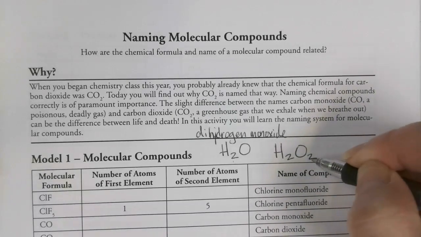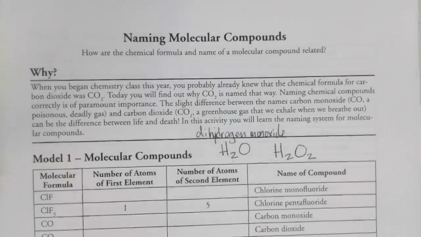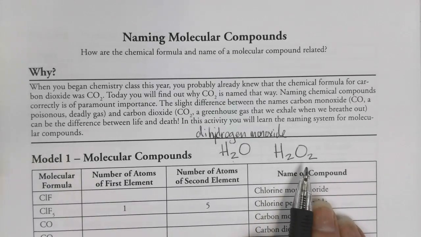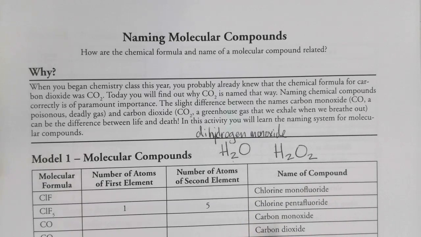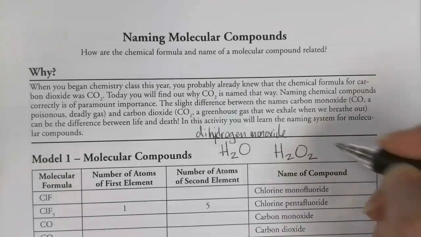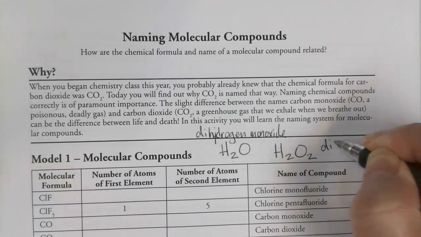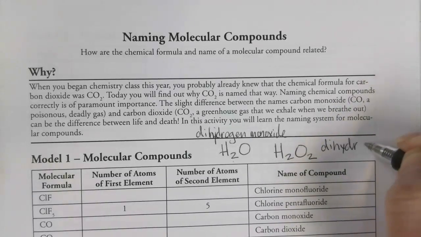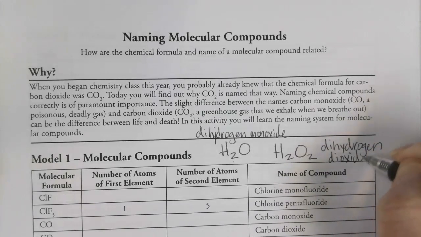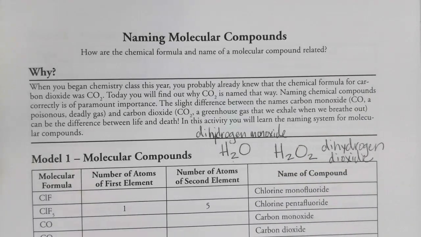Now, what's weird about this is you can see that hydrogen peroxide, or dihydrogen dioxide, its scientific name, has two atoms of hydrogen and two atoms of oxygen. And we don't reduce the subscripts the way that we did in ionic compounds. So it's dihydrogen dioxide, and we don't reduce the subscripts in the chemical formula.